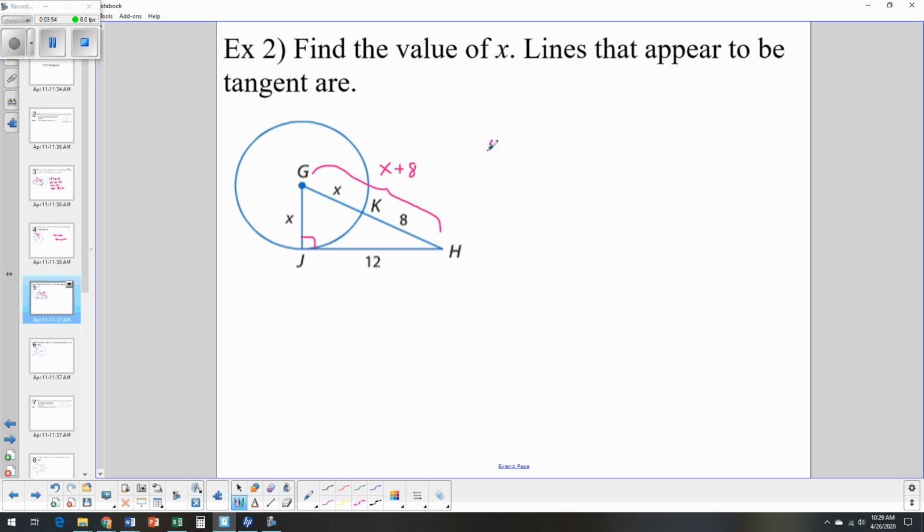So when I plug it into the Pythagorean theorem, I'm going to make sure I put parentheses around my x plus 8 because I'm squaring that entire thing. (x plus 8) squared equals x squared plus 12 squared. We have to remember x plus 8 squared is really x plus 8 times x plus 8.